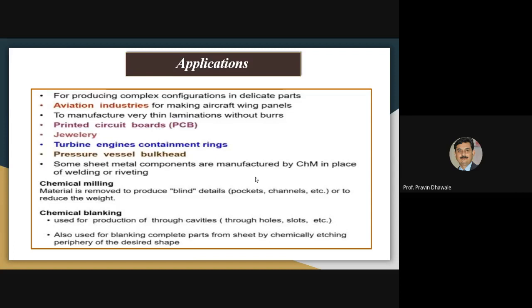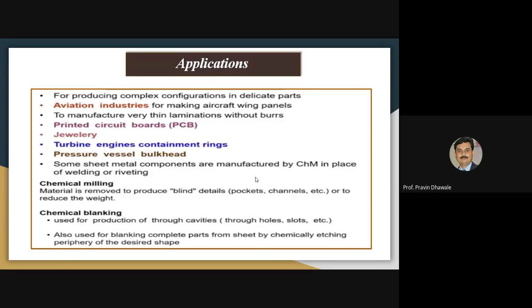Specific applications of chemical machining are chemical milling and chemical blanking. In the chemical milling process, material is removed to produce blends in order to reduce the weight of the component. Blends are nothing but certain pockets and channels you produce on a workpiece, used to reduce the weight of the workpiece.